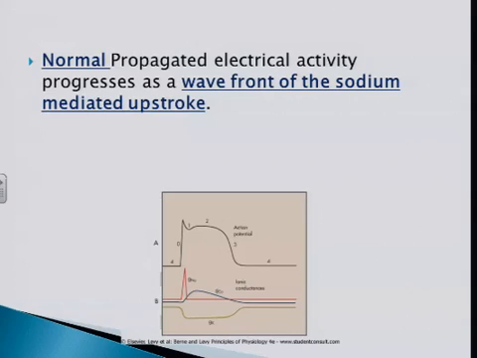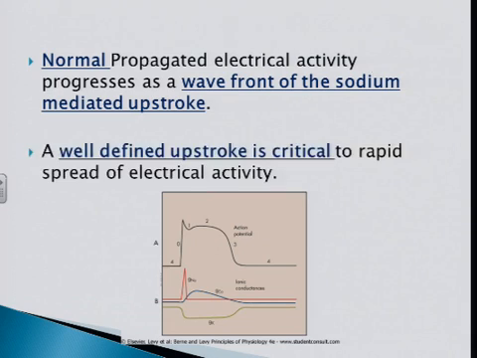And through most of your tissue, with the exception of those nodal or slow tissues, it passes as a wavefront of the sodium-mediated upstroke. That sodium-mediated upstroke depolarizes the tissue, it depolarizes the particular cell, and then it starts to depolarize the cells nearby.